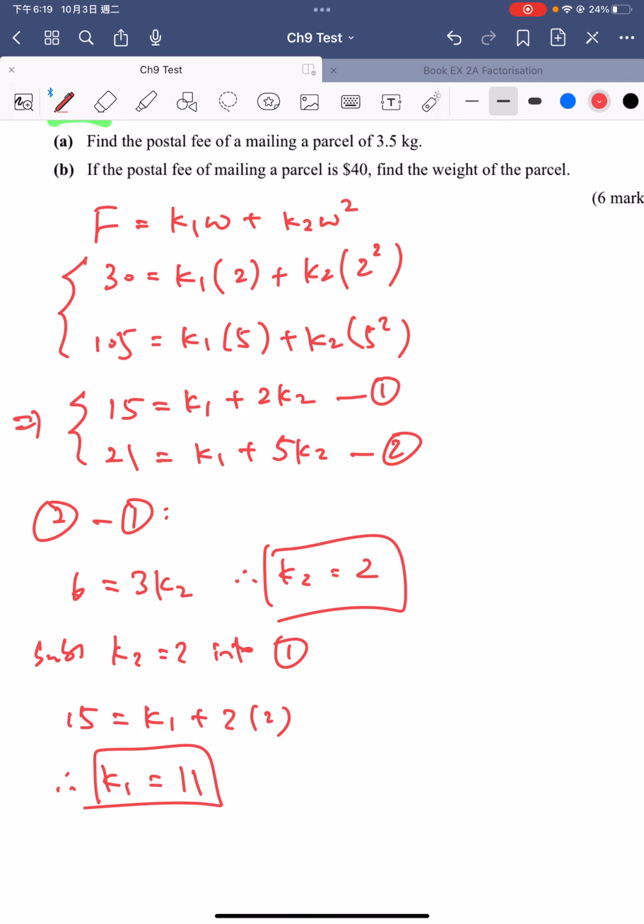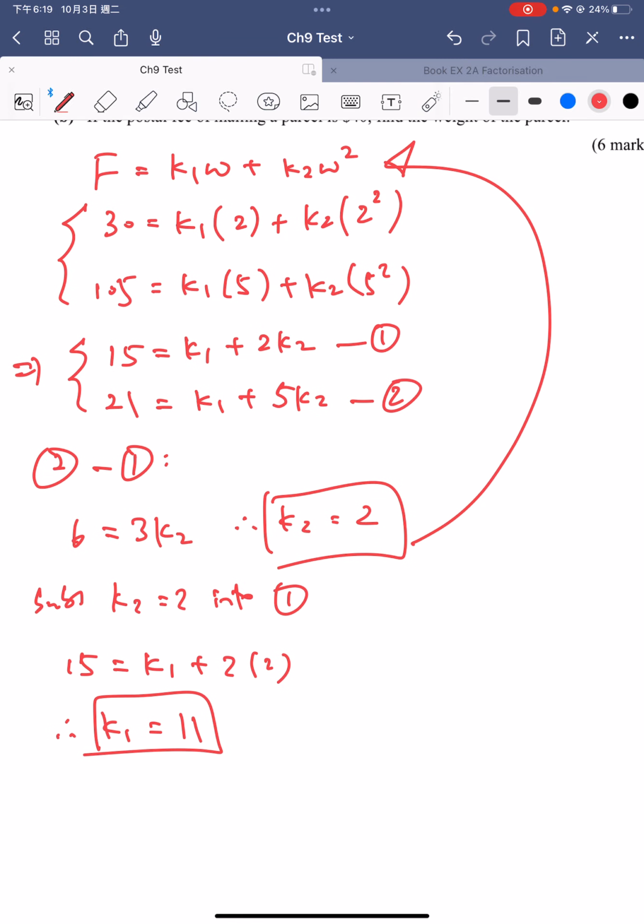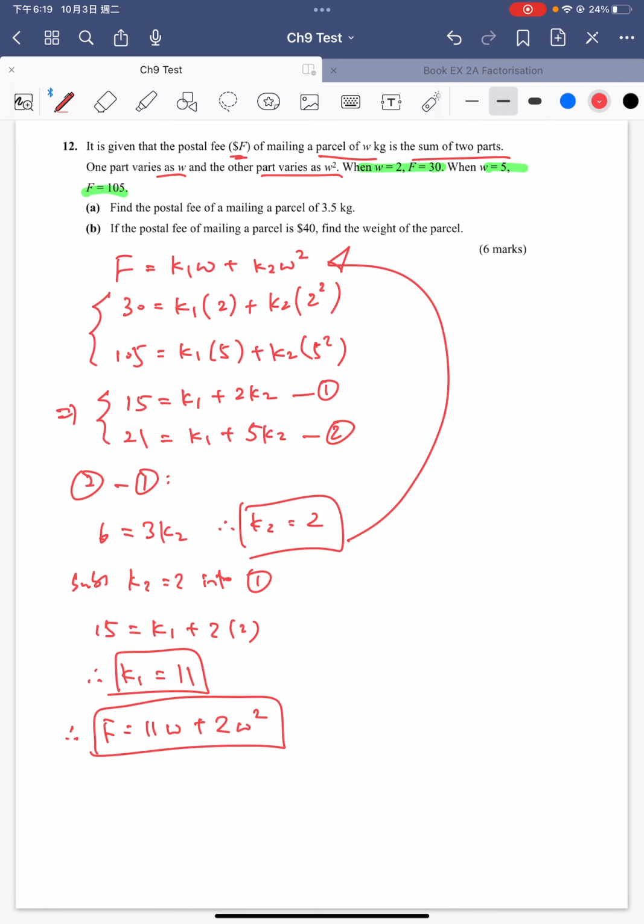Again, these are the variation constants. We need to put them into our original formula, so that we have F is equal to 11W plus K2, which is 2W squared. So that is our answer for the general formula linking the fee and the weight.